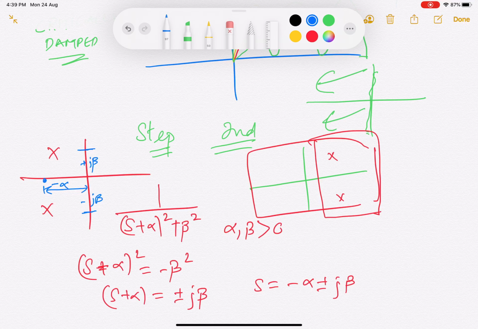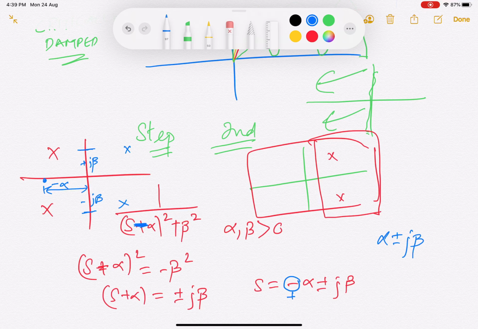Now if you have complex poles with positive real parts, that means here in this case, this minus alpha would be replaced by plus alpha. And if that happens, that means this term here is going to be negative, and your poles would be at alpha plus minus j beta, which is here. Now what is going to happen?